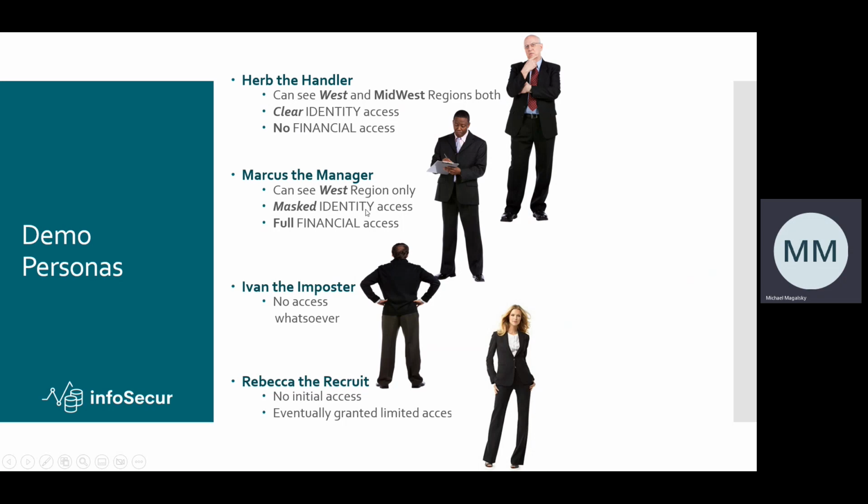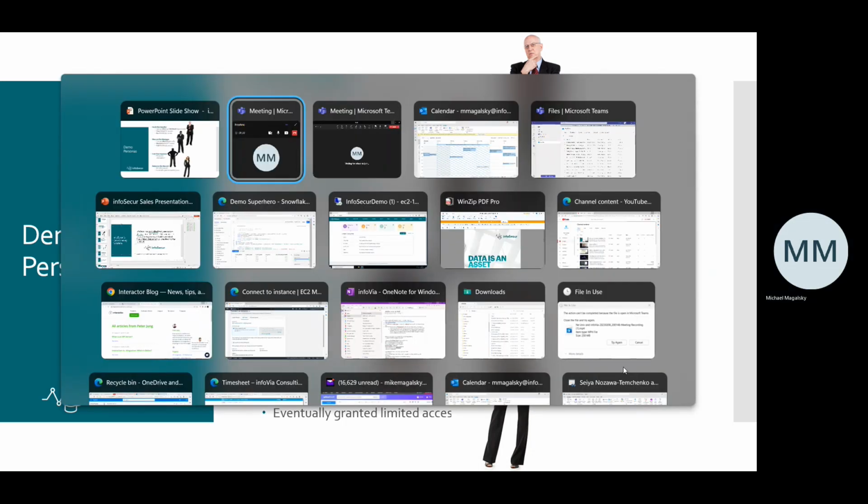His identity, the access to the superheroes is masked, and of course, since he is the manager, he cares about financial access. We're going to focus on those two personas first, and then we're going to come back and see what happens if an imposter or a new recruit, Ivan the imposter or Rebecca the recruit, attempts to gain access to the same data.